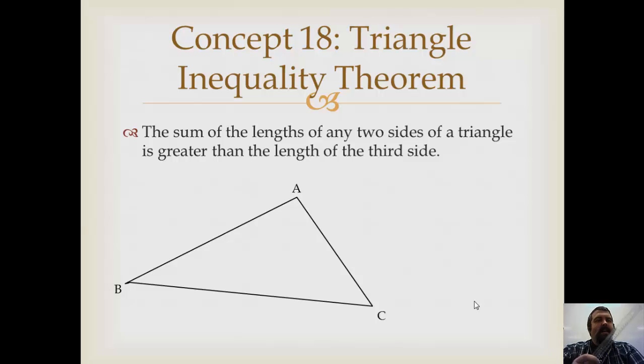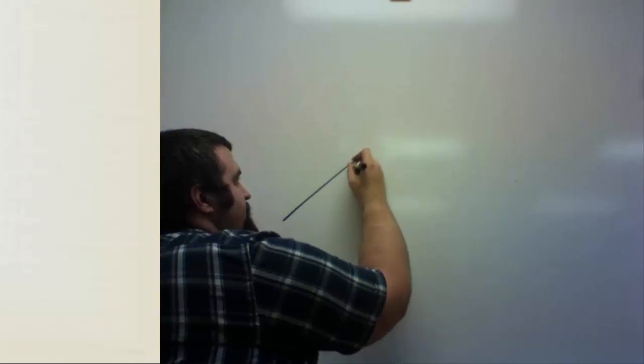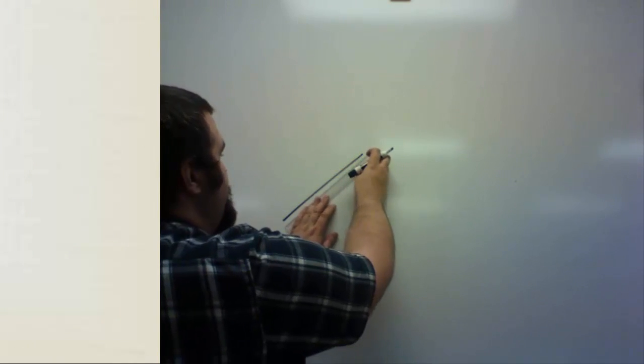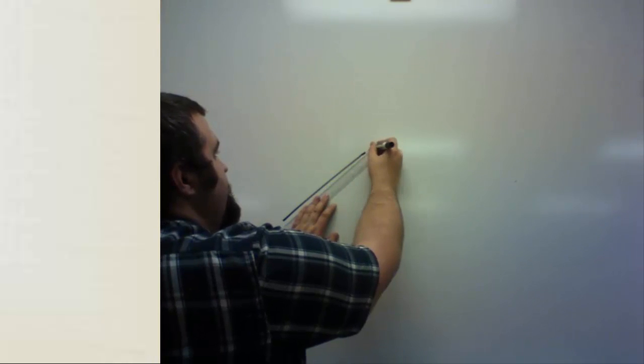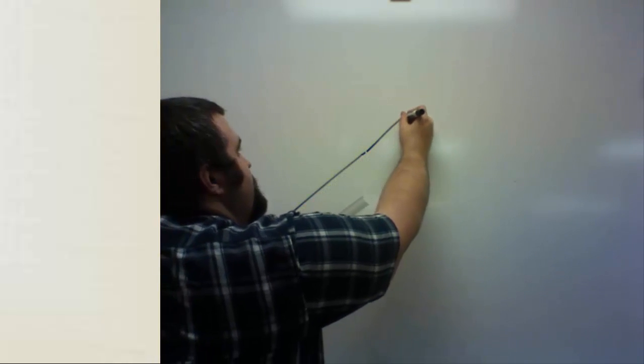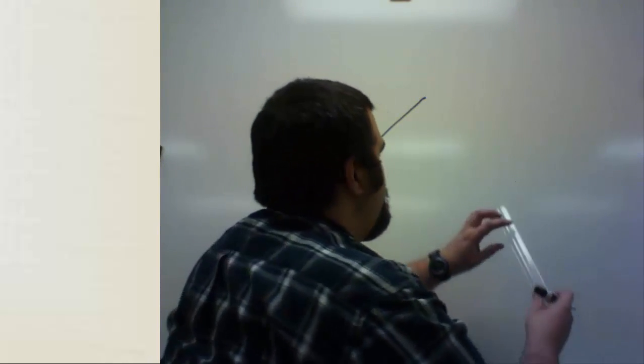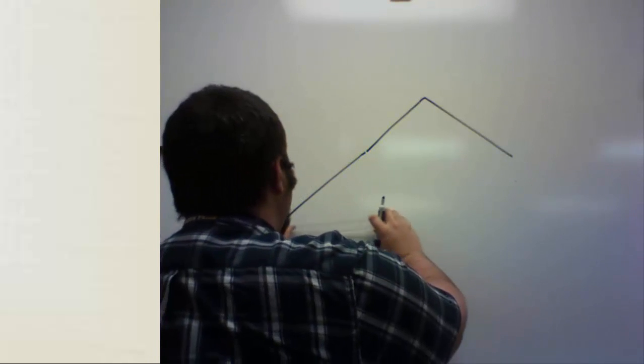I made one side 2 rulers long. So I measured out a ruler, I measured out another one, and I made 2 of them. And then I made another side that was 1 ruler long. Now, what if for my third side, I chose to make it 4 rulers long?